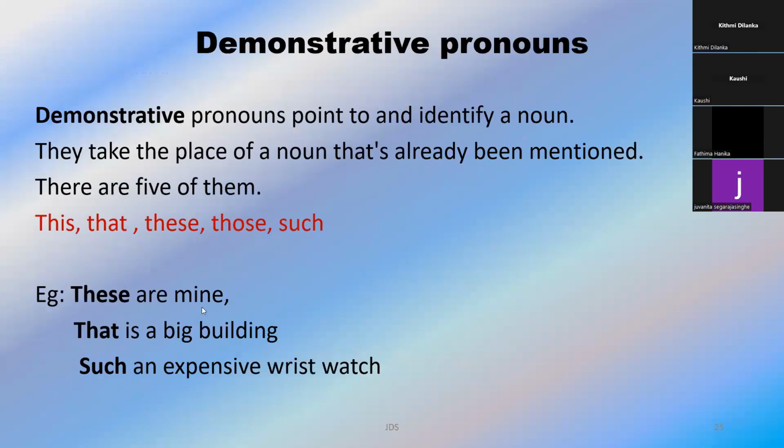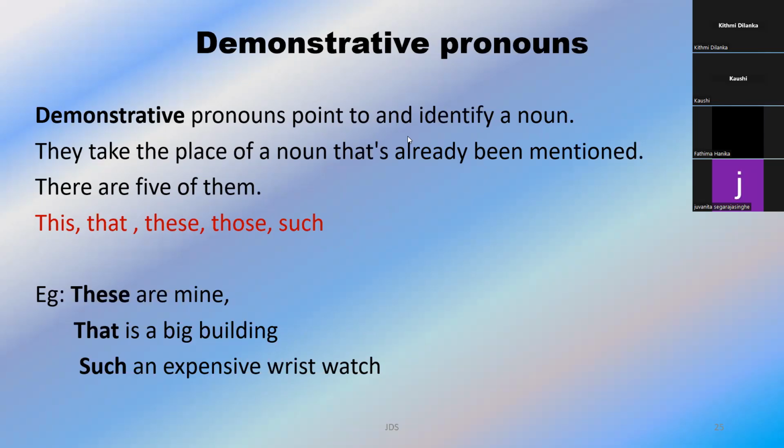Then you have the demonstrative pronoun. We looked at different kinds of pronouns. The demonstratives, this, these, to refer to objects that are close by, singular, plural, and that, those, which are located far from the speaker. Demonstrative pronouns point to and identify a noun. So their basic function is identification.